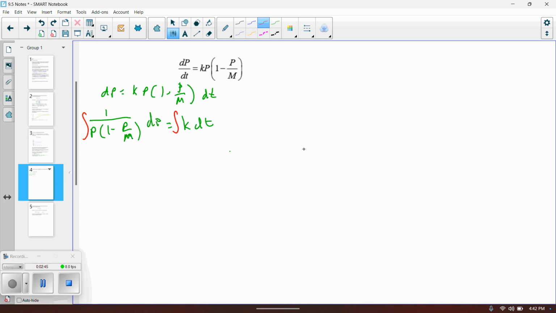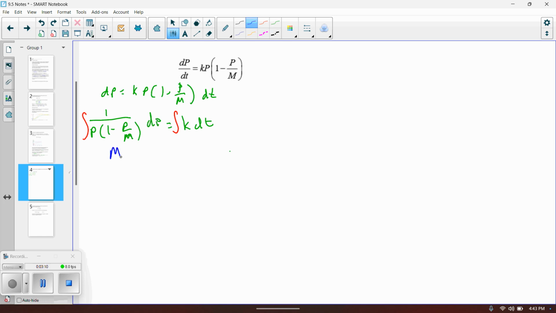What you need to recognize is that I've got p's in the denominator, and those are both linear. All right, so let's do a little bit of work here. Let's multiply the entire top and bottom of the left-hand side by m. Multiplying the numerator by m, that really won't do much. That won't change anything.